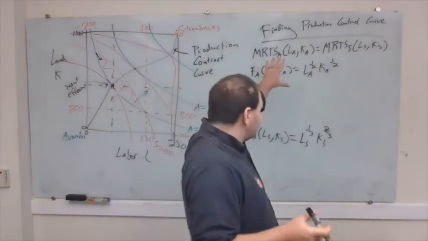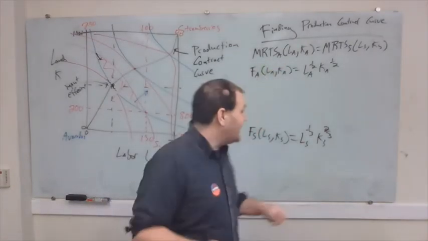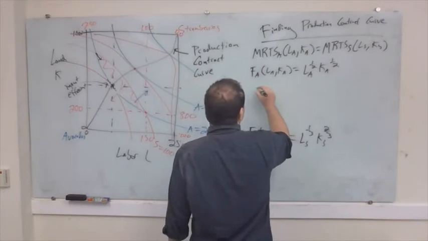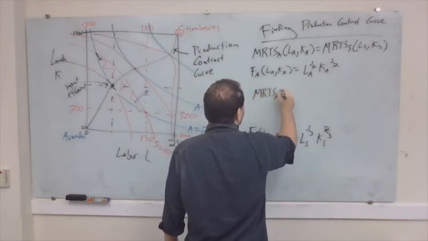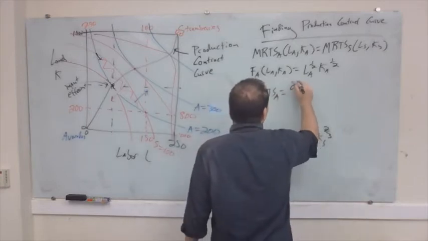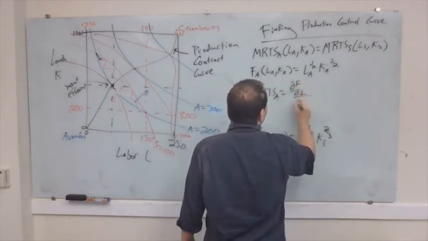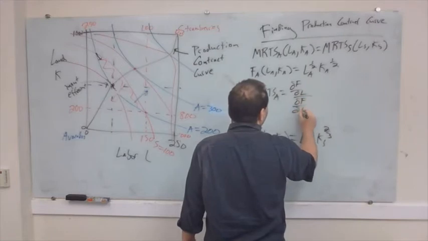So what we're going to do to solve this is first of all, we need to find our MRTSs. So we'll say our MRTS in avocados is going to have to equal f_L over f_K.